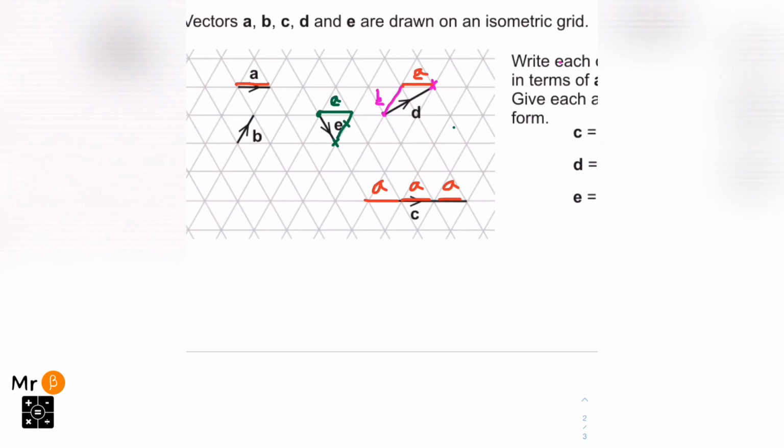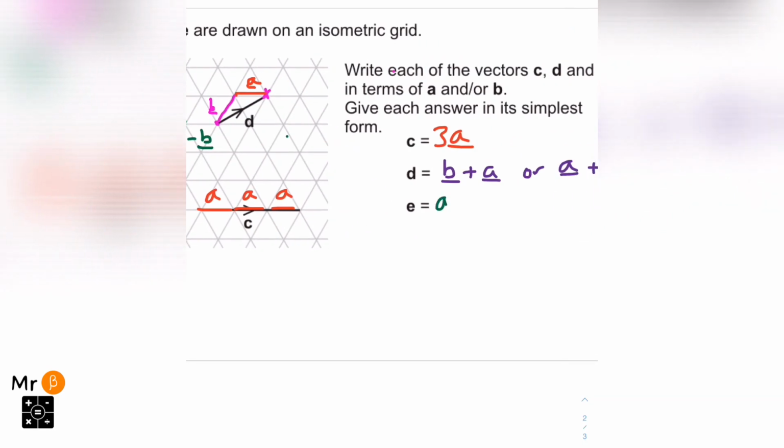Now just make note that this is actually going in the opposite direction of B. We're travelling back. So in order to show that, it would be given as a negative B. So here would actually be negative B. So therefore our final vector would be A minus B.